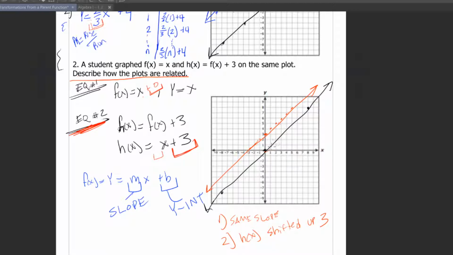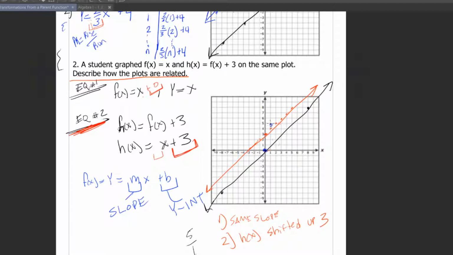Because they have the same slope. I'm going to draw this in blue. If these equations didn't have the same slope, let's say this bottom one was like 5x, right? Then that would mean the slope is 5 over 1, so it would rise up 5 and go over 1. Sorry, let me do this in blue.